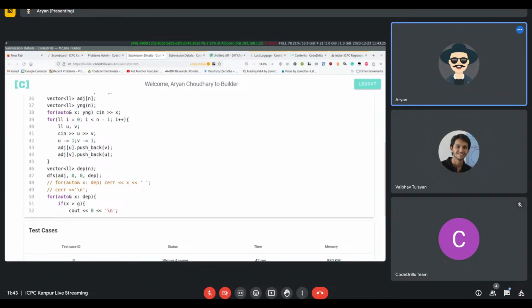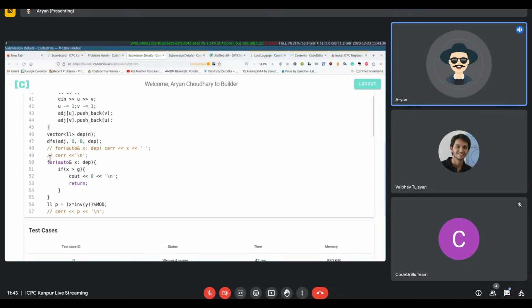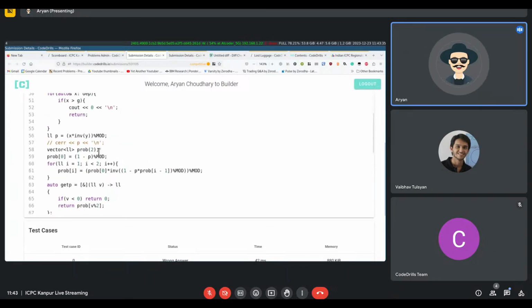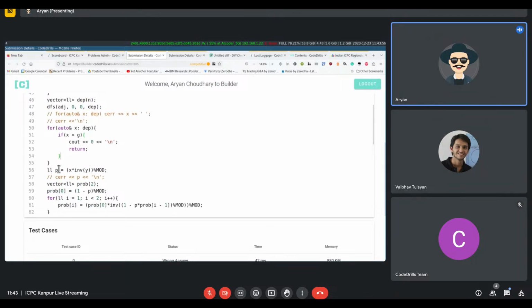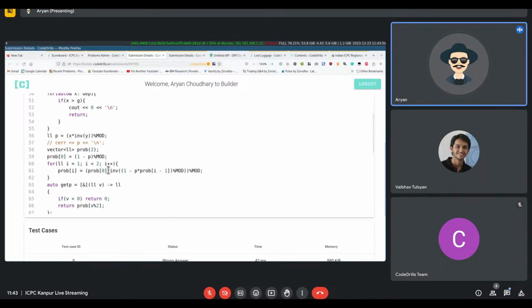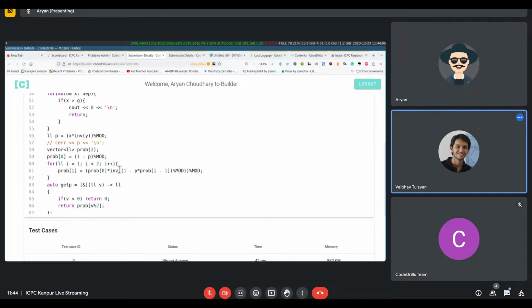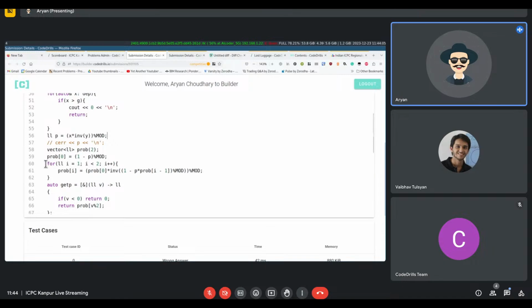They are maintaining depth. This is correct, since we want the exact depth D for the original tree; if the given tree has depth more than z, then we should just print 0 for it. And they are taking inverts with probability. This looks fine. Not really sure what they are trying to do over here.